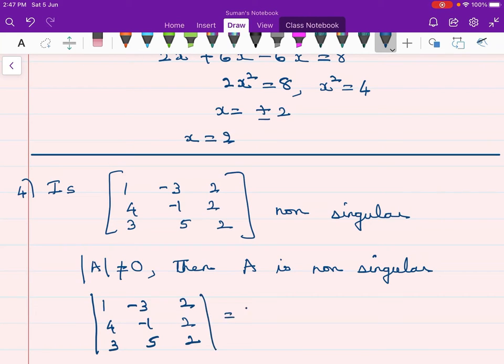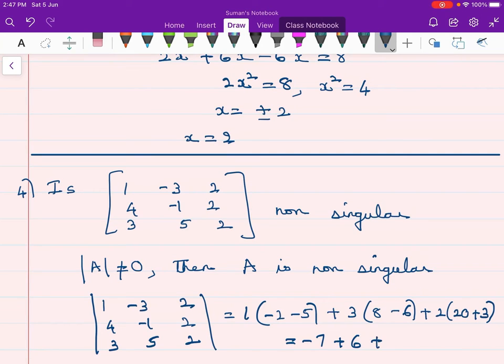When you expand, you get 1 into minus 2 minus 5 minus minus plus 3 into 8 minus 6 plus 2 into 4 5 are 20 plus 3. So you get minus 7 plus 2 into 3 6 plus 23 into 2 46, which is not equal to 0.